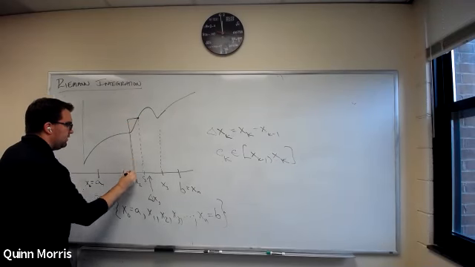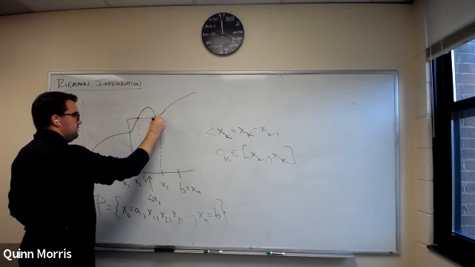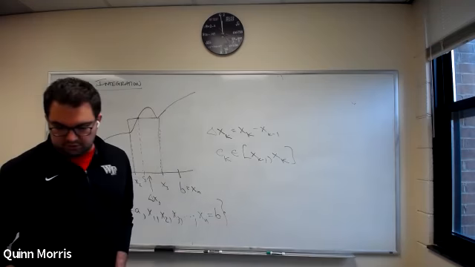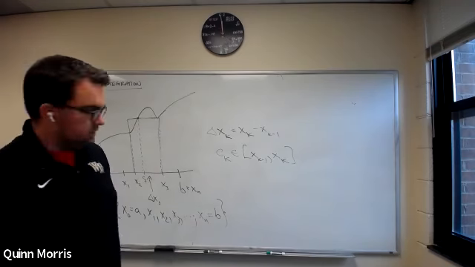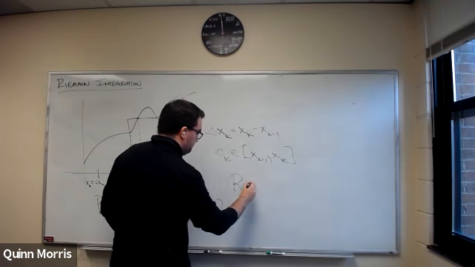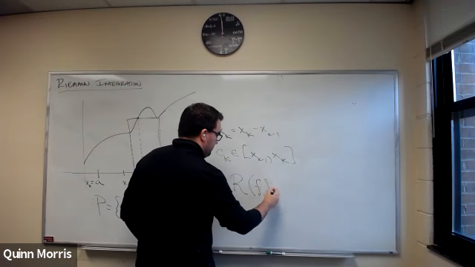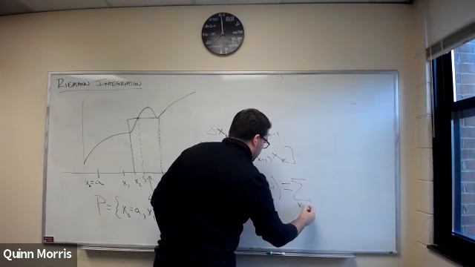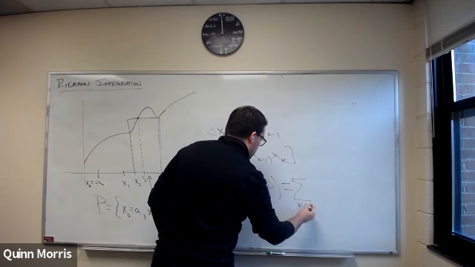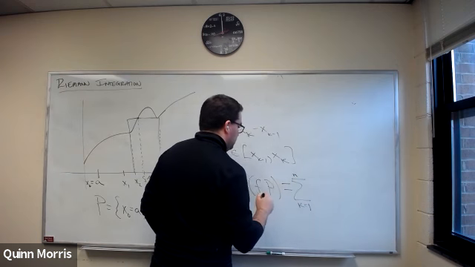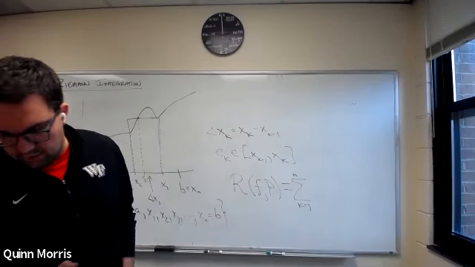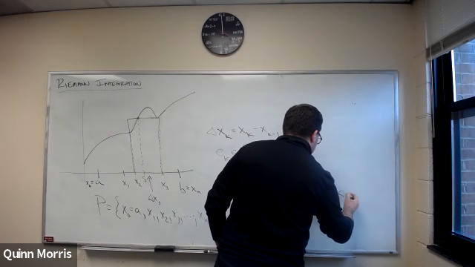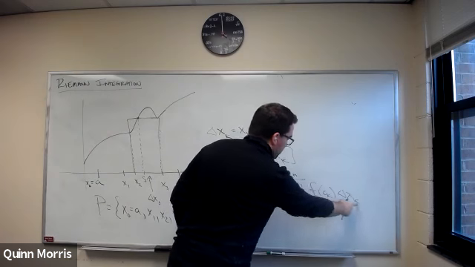In general, the Riemann sum of some function f given partition P is just the sum for k equals 1 up to n of f of c sub k times delta x sub k. So it's just the height times the base.